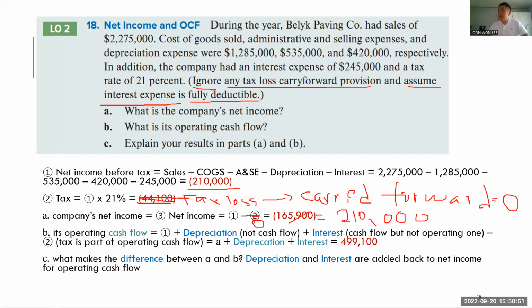Okay, and then a plus, sorry, this is minus 210,000, right? And then the rest is the same. No tax. Tax is 0. Okay. So what makes the difference between A and B is depreciation and the interest.